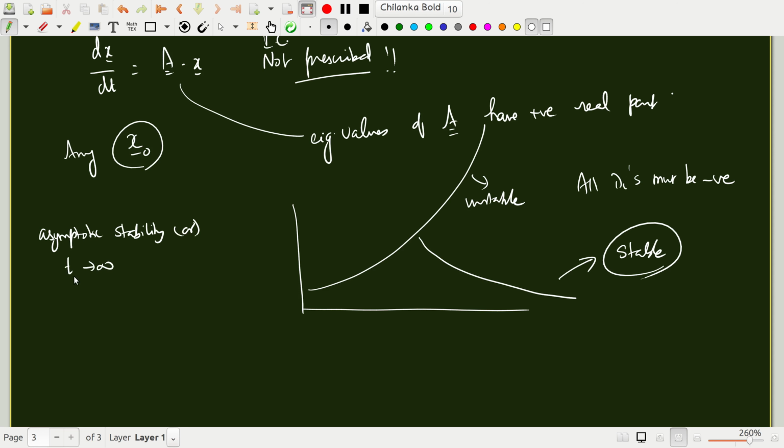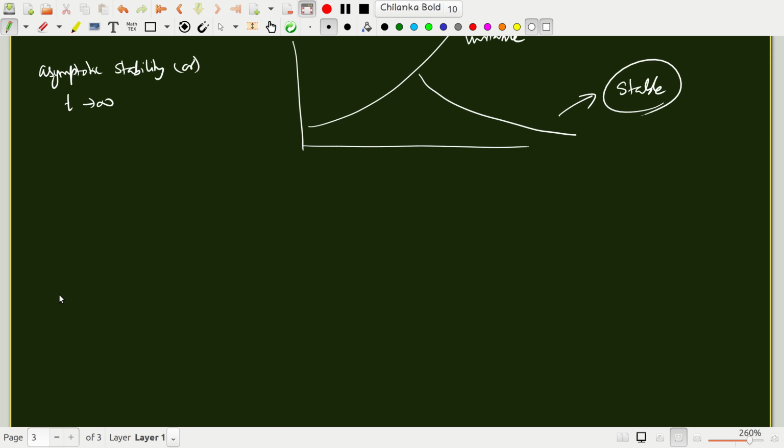Okay. Now, while this is a very powerful approach, because it completely frees you from thinking about initial conditions, there are two strategies.